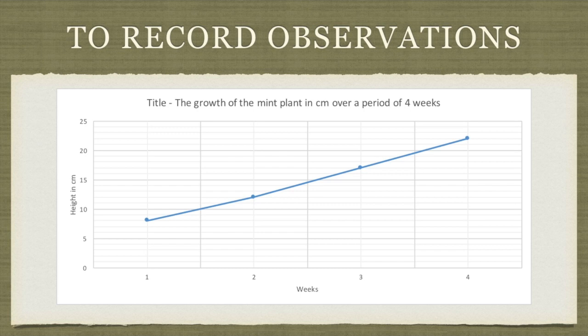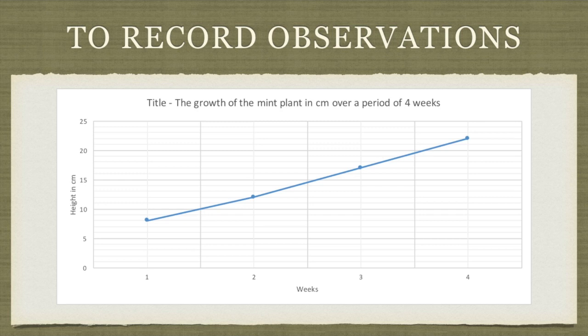So we could also construct a line graph to show that same information. So we've got a title again like before, the growth of the mint plant in centimeters over a period of 4 weeks. So on the bottom, the numbers stand for the weeks that we did the measurements, and on the left hand side we call the y-axis, the numbers stand for height in centimeters.